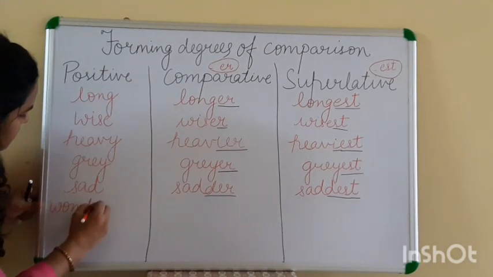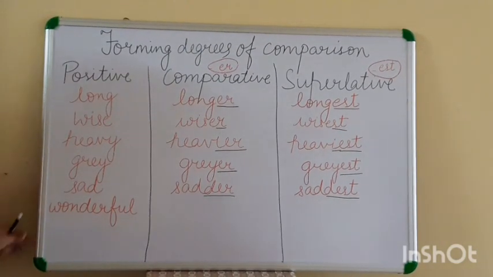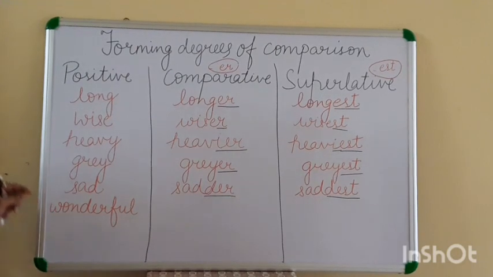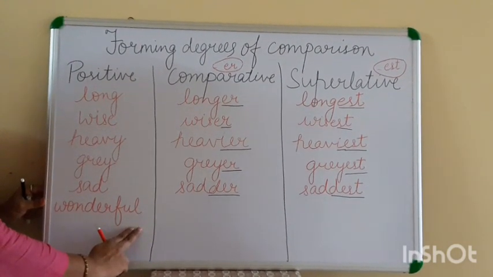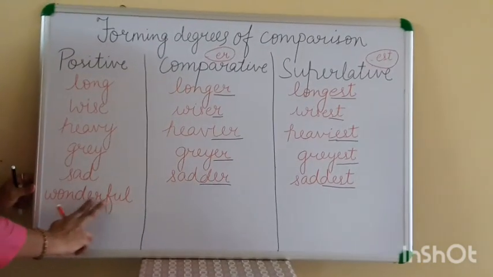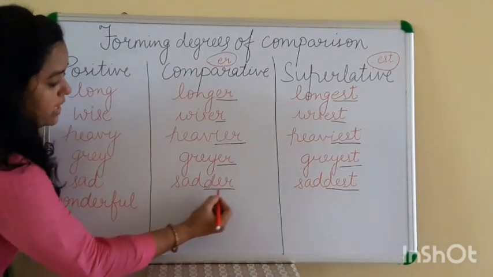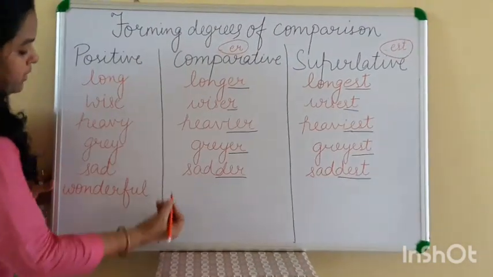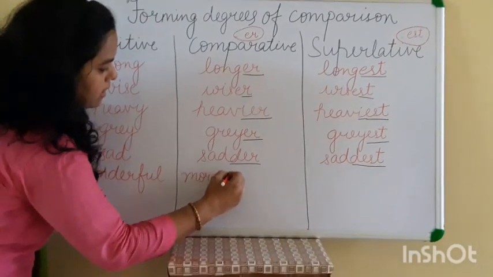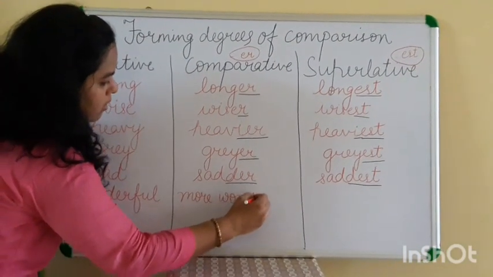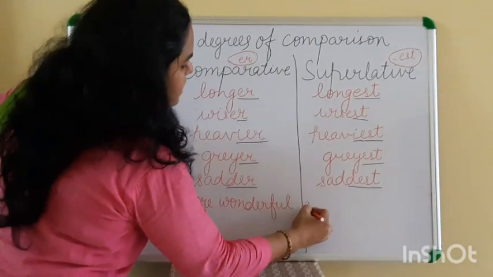Now, there are some words, like wonderful. In this type of words, where the words are formed with two different words, wonder and full, we don't add ER or EST. We write it more wonderful, most wonderful.